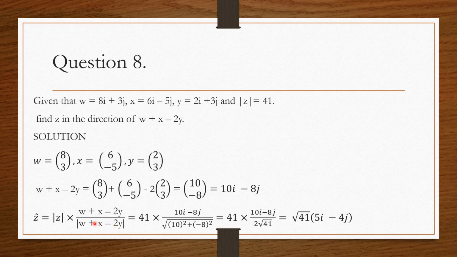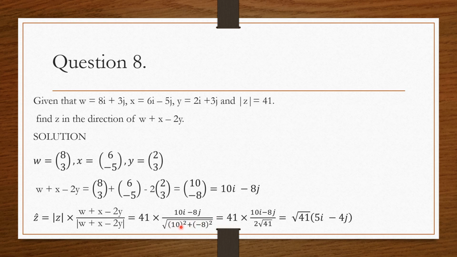We are given that the magnitude of z is root 41, so we have it there. Then our w plus x minus 2y is now 10i minus 8j. So I will now find the magnitude of w plus x minus 2y, taking the sum of the squares and then the square root of it.